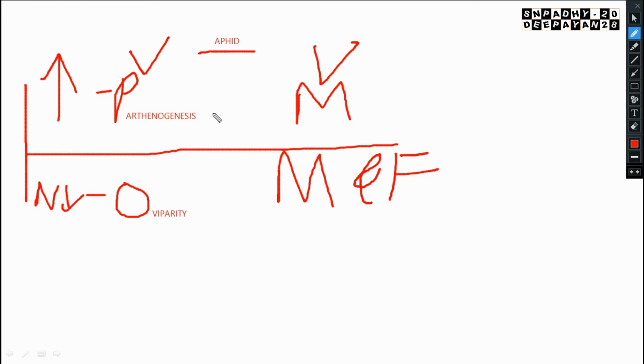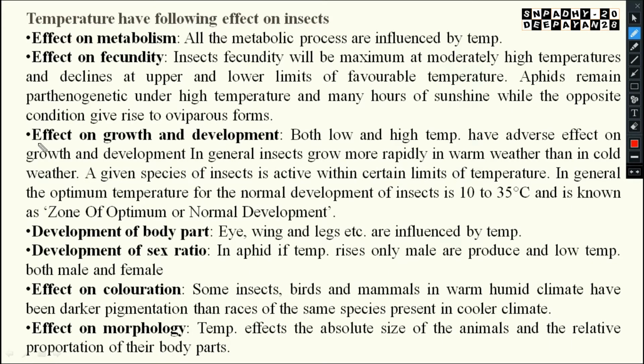Now coming to the third point, that is the effect of temperature on growth and development of insects. As all of you know, to carry out a specific process, some metabolic activity, or for survival, growth and development, an insect requires some specific temperature.